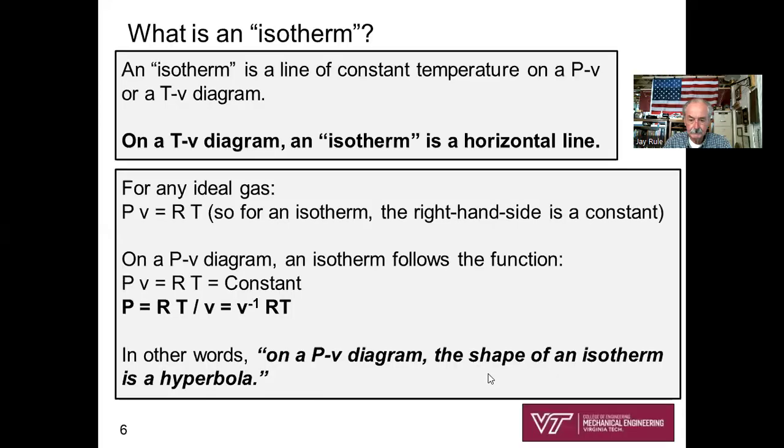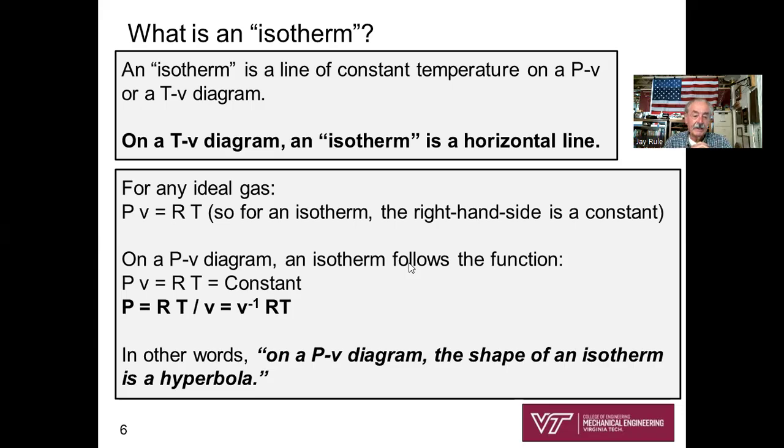Ideal gas. So what is an isotherm in the first place? It's a line of constant temperature. You've got that now. Isotherm, constant temperature. On a TV diagram, an isotherm is just a horizontal line, isn't it? That's easy. For an ideal gas on a TV diagram, isotherm, horizontal line.